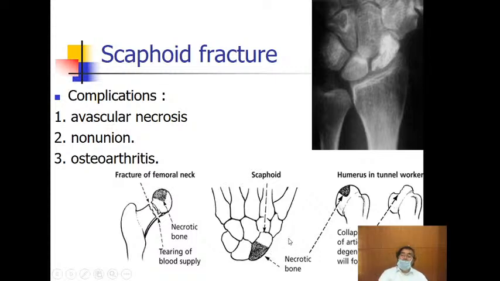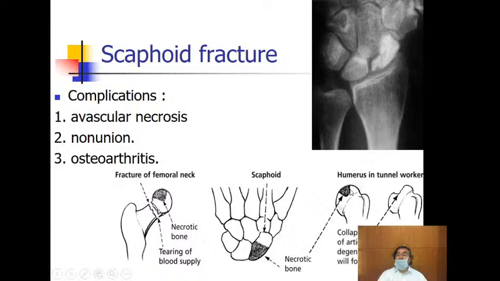And another fracture which is akin to scaphoid, the bone in the foot which is akin to scaphoid is talus. So in talus also you will find avascular necrosis because of its peculiar blood supply. We will go into those things in detail when you discuss those things.